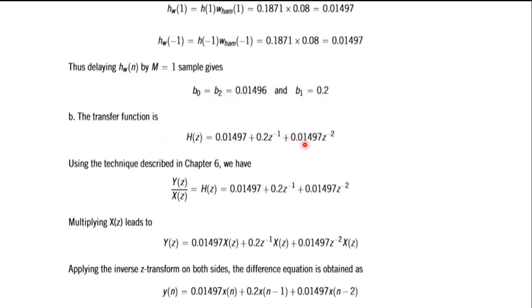Now we have to calculate the transfer function simply by using the equation b0 plus b1 z to the power minus 1 plus b2 z to the power minus 2. We have just put the values of the coefficients over here, and we can write it as H of z equals 0.01497 plus 0.2 z to the power minus 1 plus 0.01497 z to the power minus 2.